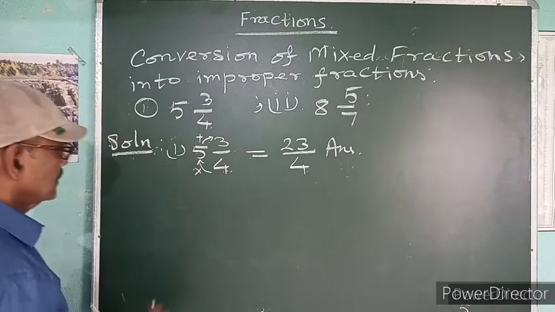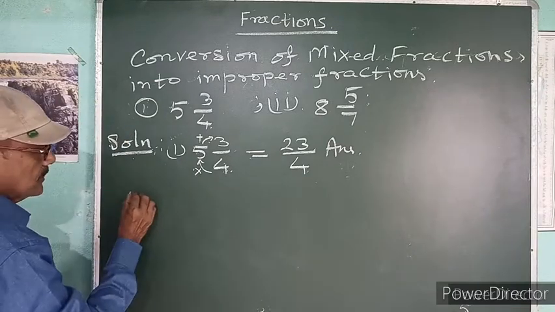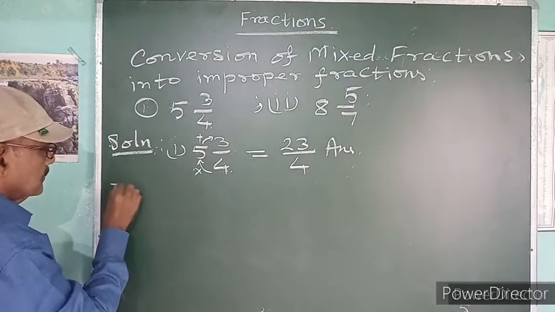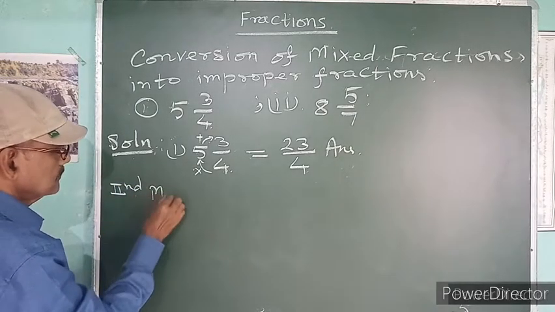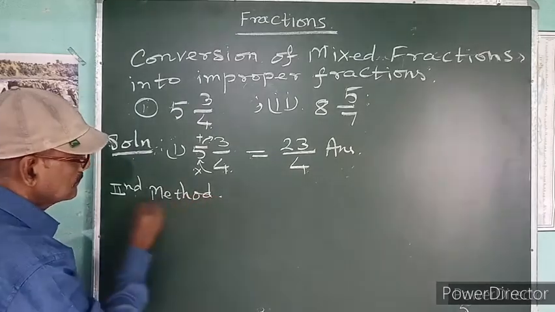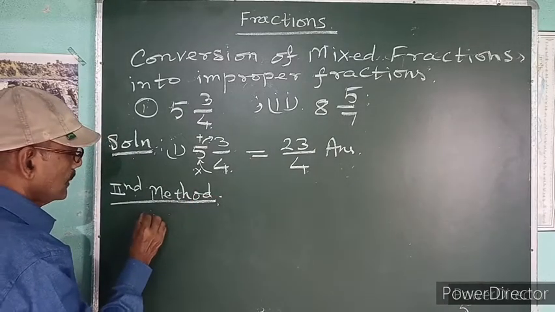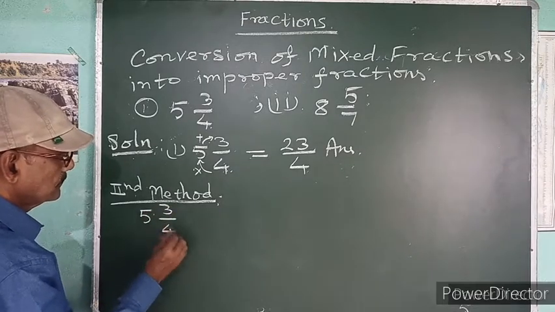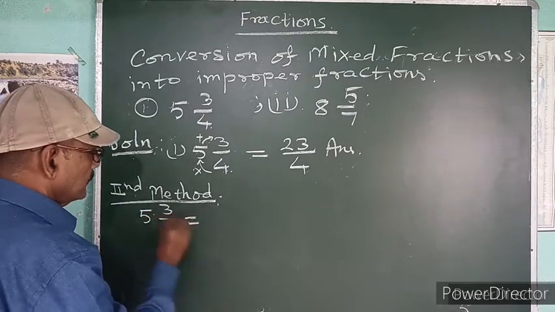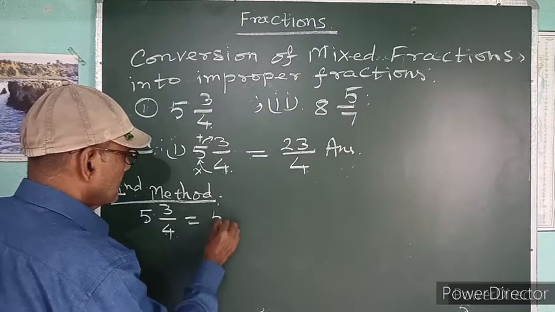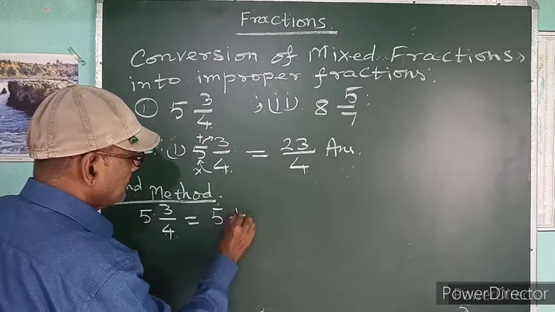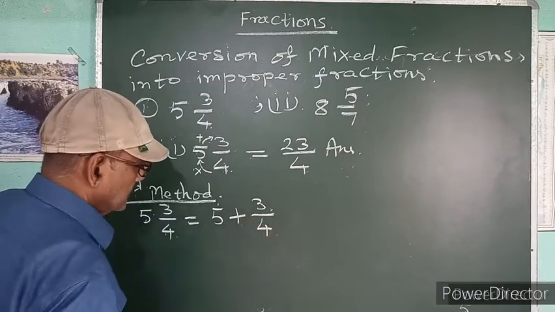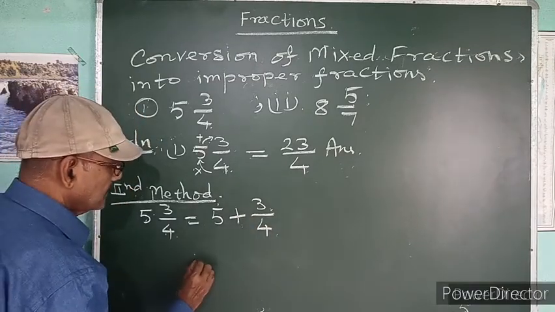There is another method of solving this type of sum. So second method. 5 whole 3 by 4. You can write 5 whole 3 by 4. Split it. 5 plus 3 by 4. Now take the LCM.